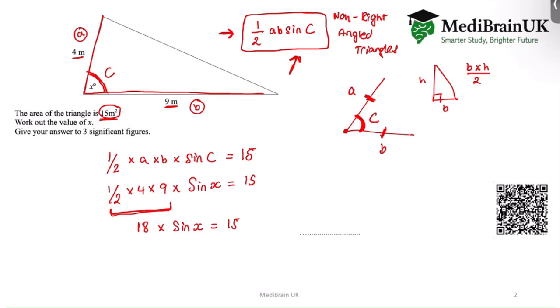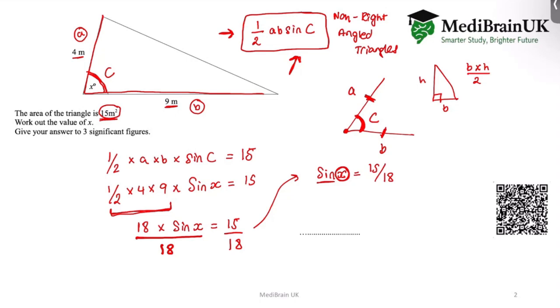So to get rid of the multiply by 18, we're going to do the opposite of it, and we're going to divide by 18 on both sides. So now we're left with just sine x on that side, and it's equal to 15 divided by 18. And now we want to get this x by itself. At the moment, it's being multiplied by sine. We want to get rid of that sine. So to get rid of it, we're going to do inverse sine. Okay, we're going to inverse sine the other side.